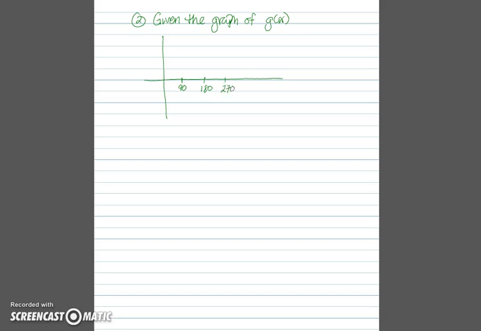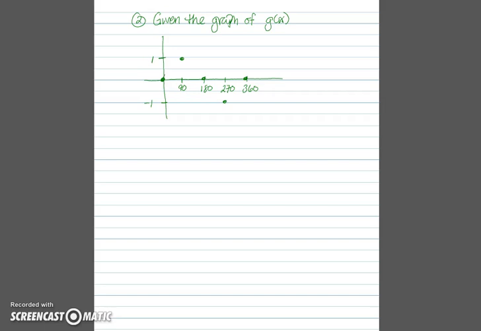Sine is a trig function, so the inputs are angles, and these angles are labeled in degrees, and the outputs are ratios. So I'm going to label 1 and negative 1 on my axis. So I'm going to plot some points here to get a shape of the graph, and then we're going to use this graph to obtain some new functions. So again, this is what's given to you. This is not something that you need to know at this point.